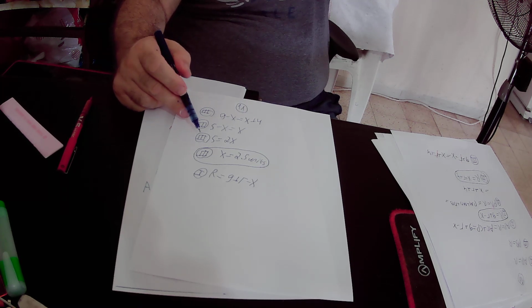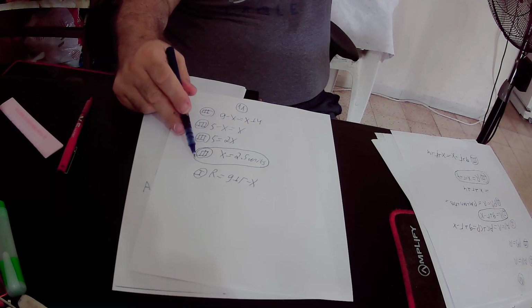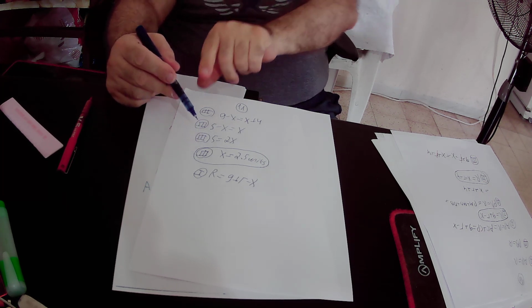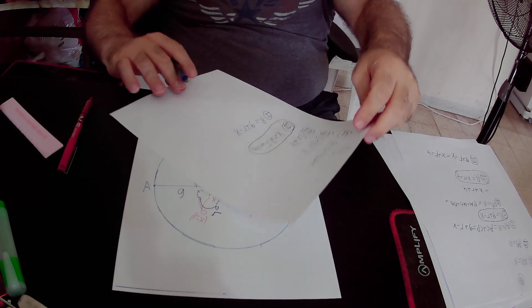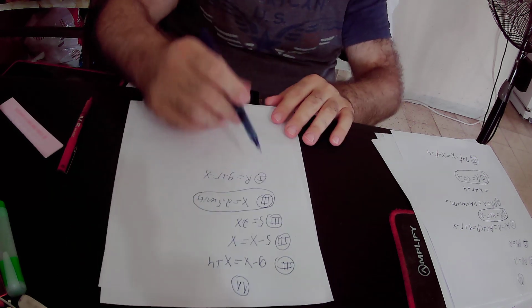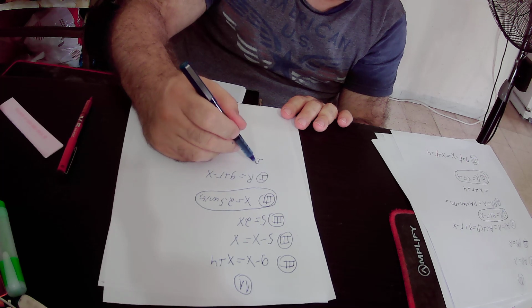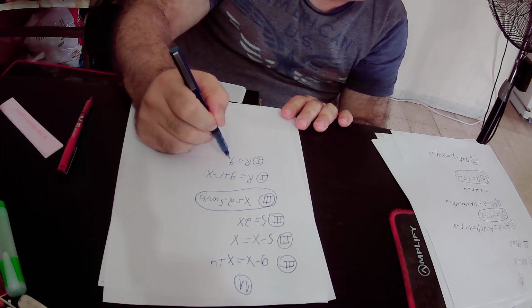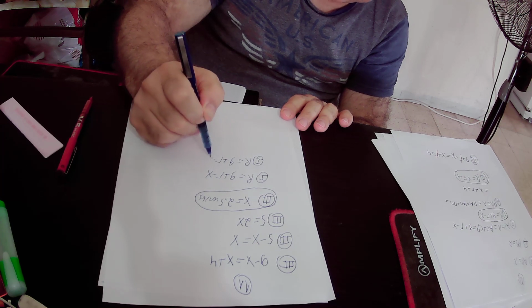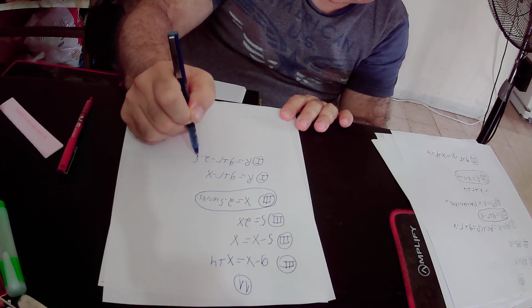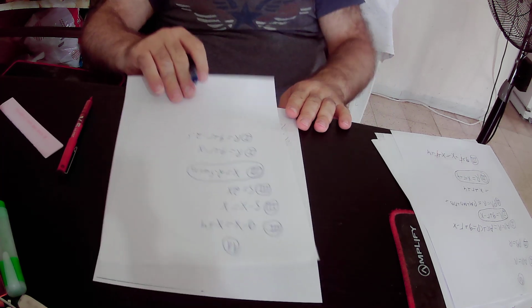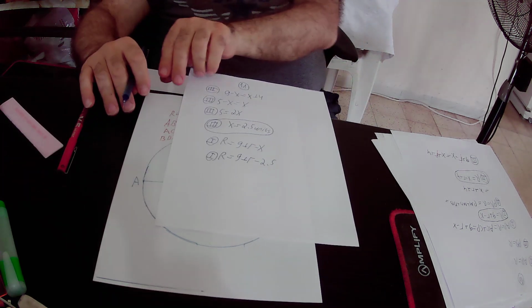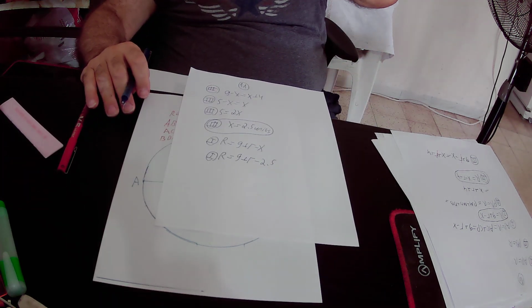So here we will substitute in equation number 1 x by 2.5 units and we will get that capital R equals 9 plus r minus 2.5.